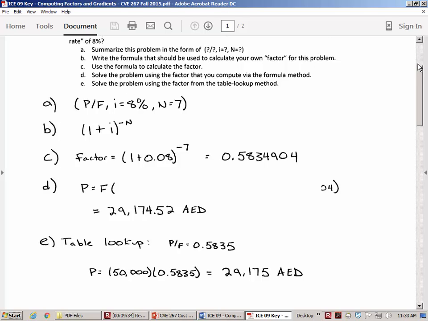Yes? Why? It's because when we looked up in the back using the factor, if you look on the back side of the page, it says 0.5835. So if we write all of these digits, we're claiming to know things that we don't really know. It's sort of a level of precision that the factor doesn't give us.